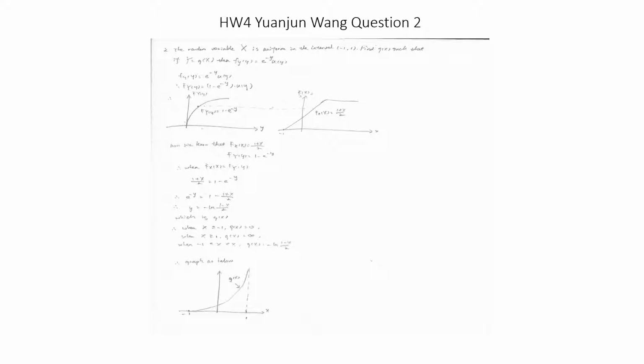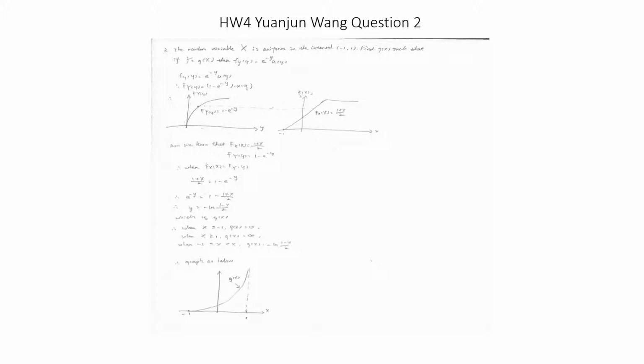And now we are going to represent y using x. So y is going to equal negative ln of 1 minus (1 plus x) over 2, which is the g of x.